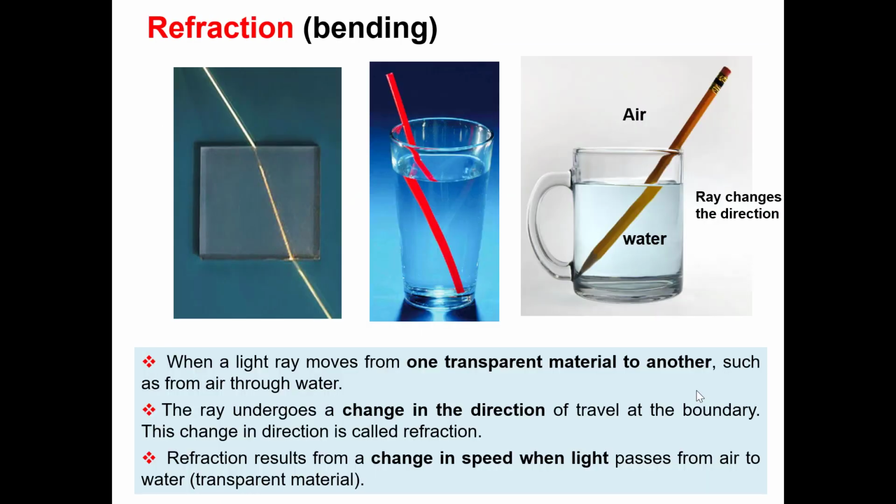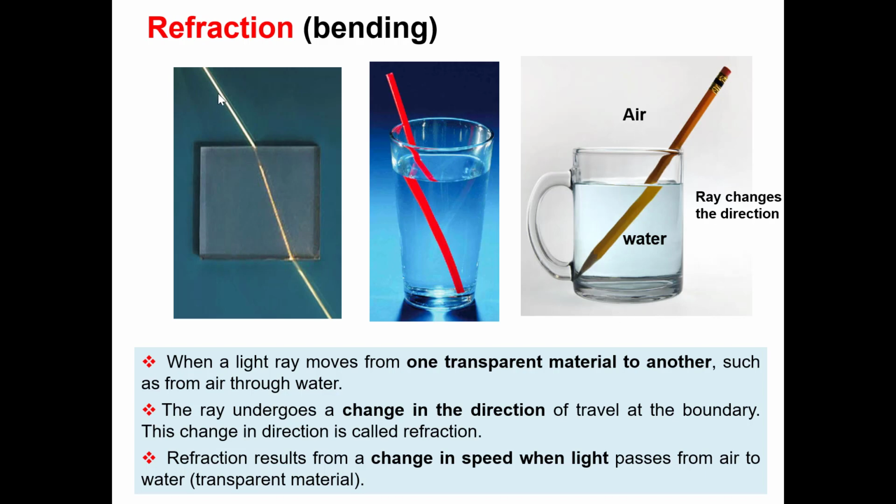Another phenomenon associated with light is refraction. Remember, refraction corresponds to the bending of the wave, and this occurs when the light moves from one transparent material to another, for example from air to water. These are the examples we have in these two pictures.